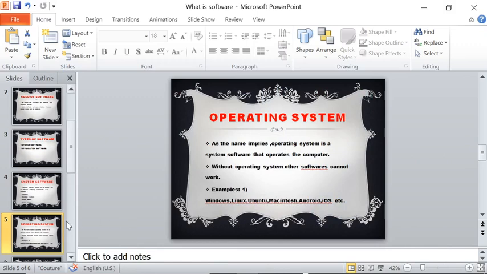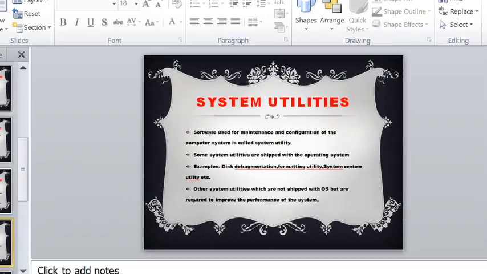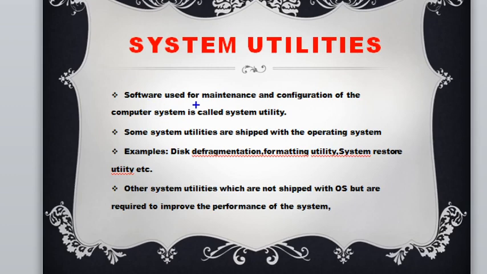Okay, the next one in system softwares is system utilities. What is system utilities? Software used for maintenance and configuration of the computer system is called utilities. Suppose we have purchased a new computer. To start that computer, first of all we have to install the operating system.